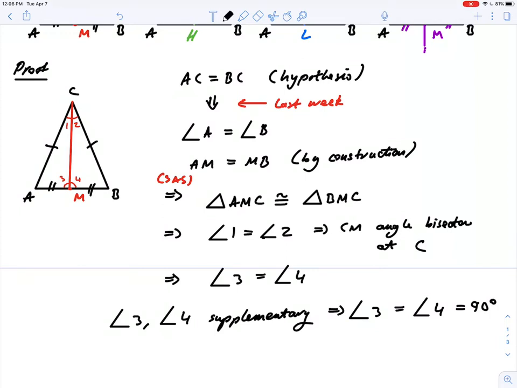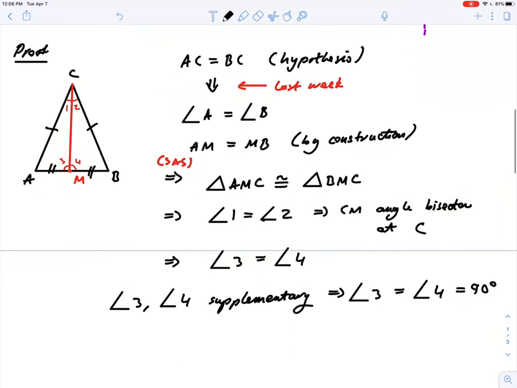If they're both equal to 90 degrees, what does that tell you? It tells you that CM is both an altitude and an angle bisector. Or should I say perpendicular bisector?